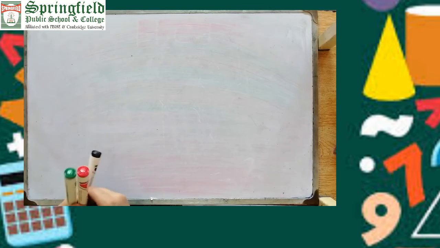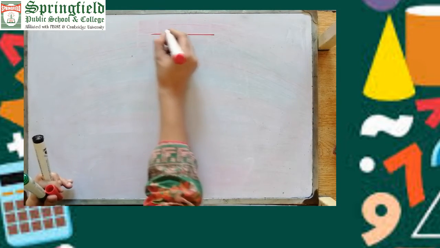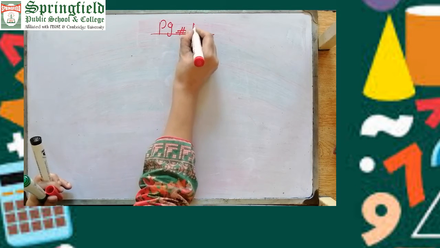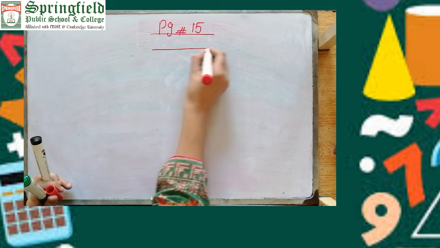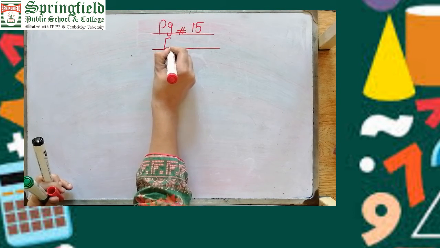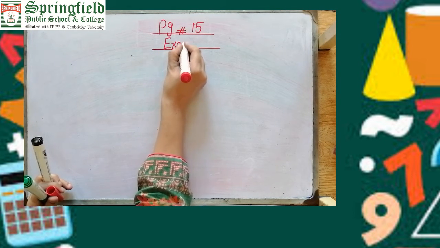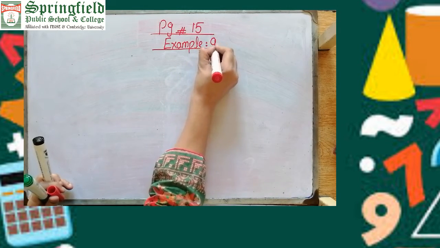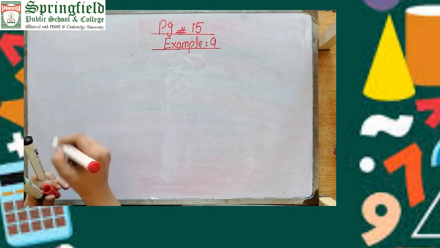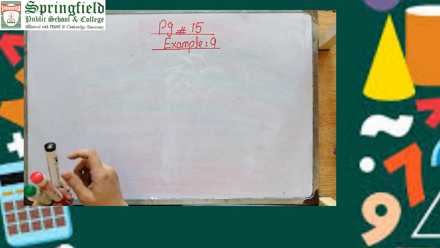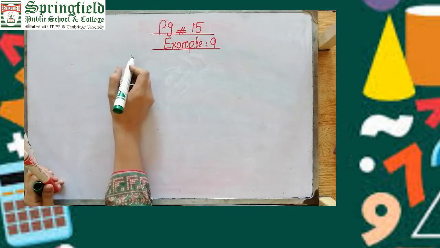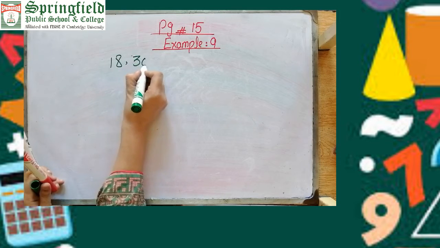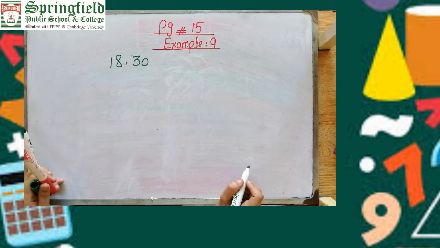So page number 15, example number 9. The numbers are 18 and 30, and they are saying find out the HCF.